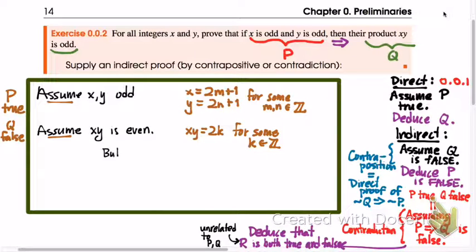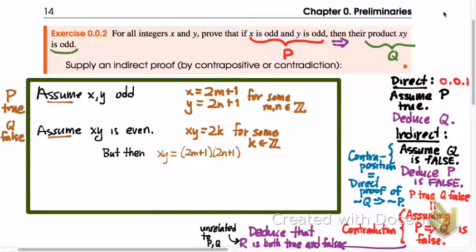Okay. But then xy, according to our first assumption on the top, is the product of 2m plus 1 and 2n plus 1. All right.